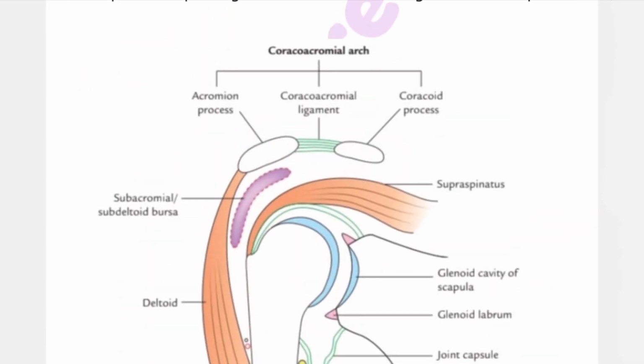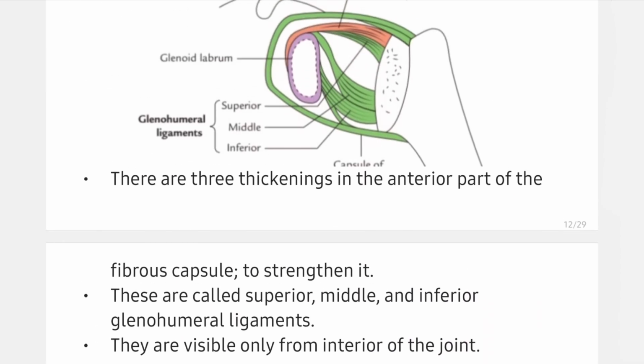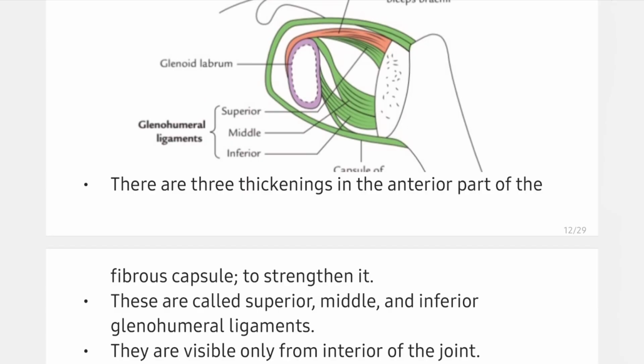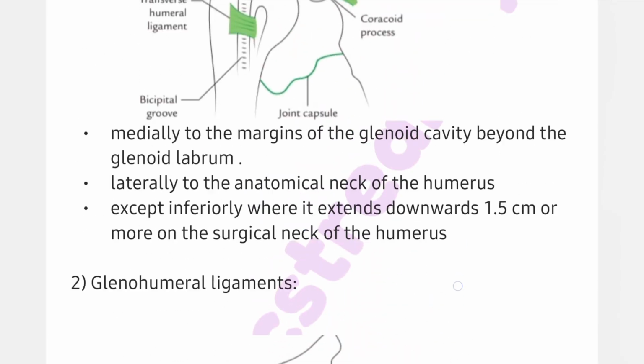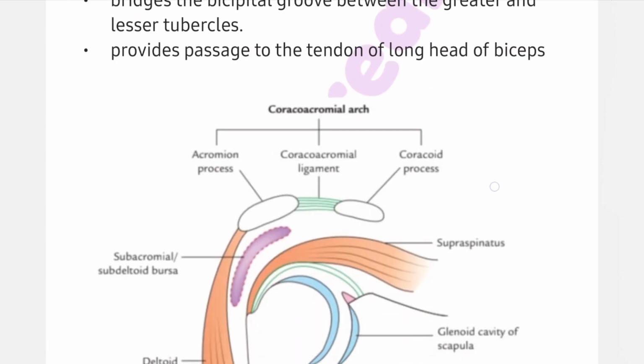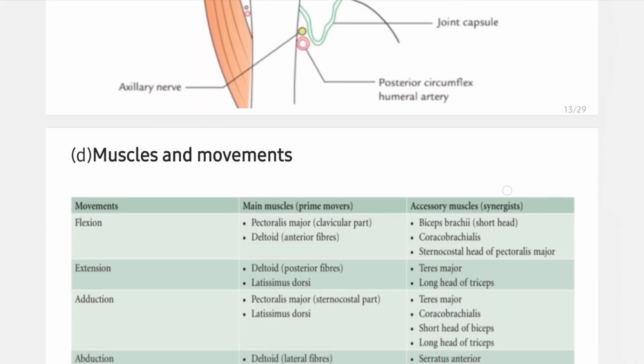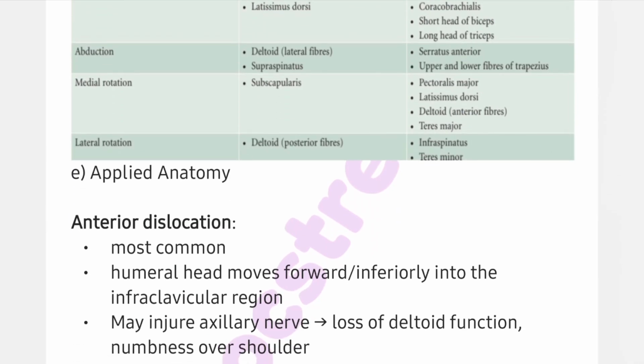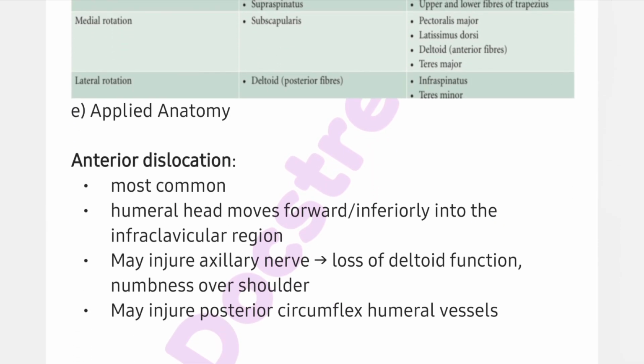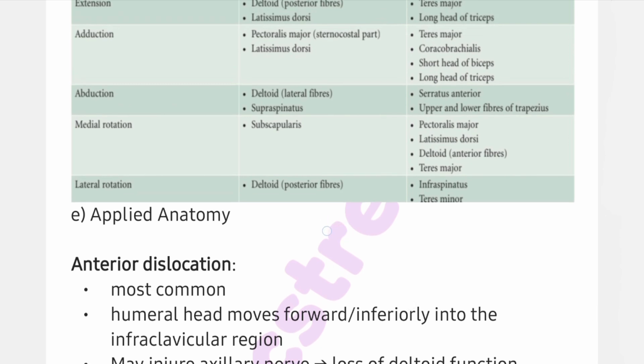Applied anatomy. Already you have learned, this question is about anterior dislocation. So this is one of the applied anatomy. You can write anterior dislocation, and what you have to write is the cause of this. It happens when there is a blow to an abducted, externally rotated and extended arm.